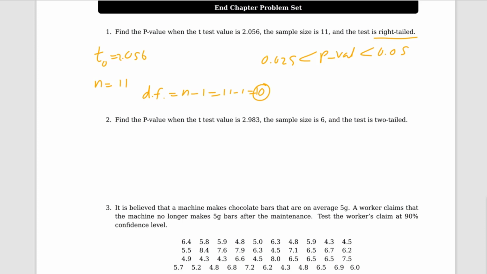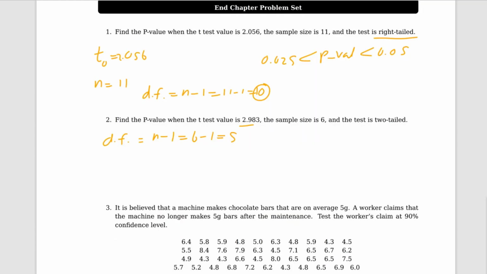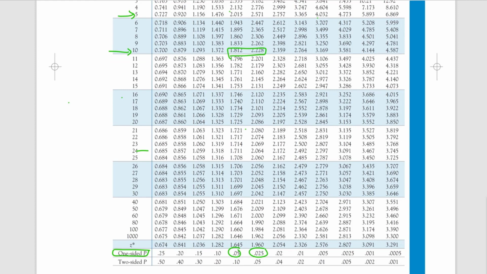Find the p-value when the t-test value is this. The sample size is 6. Okay. Then we need again degrees of freedom for this case. It is n minus 1, that is 6 minus 1, which is 5. Then go to degrees of freedom 5. It should be here. And go to 2.983. Can you find the 2.983? No, we cannot, but we have 2.983 in between this.